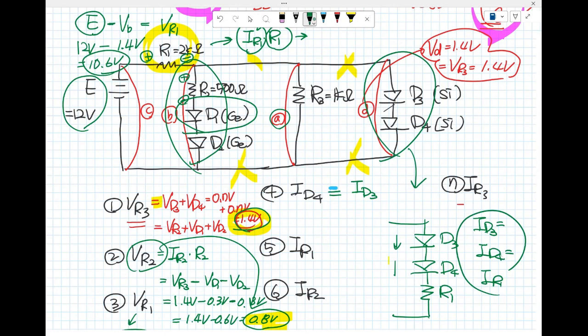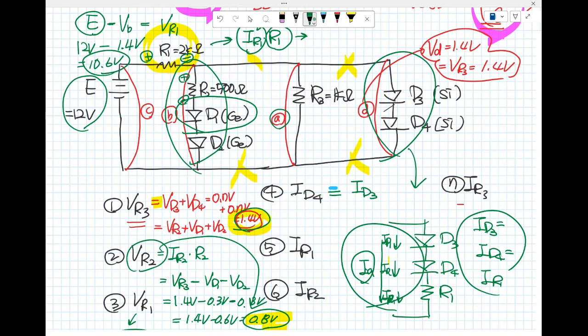Should be the same, okay? Why? That are in the series. So for example, I sub D sub 1, I sub D sub 2, I sub R sub 1, okay? Should be the same. Now, the I sub D sub 4 is equal to I sub D sub 3, and that should also be the same as the I sub R sub 1.